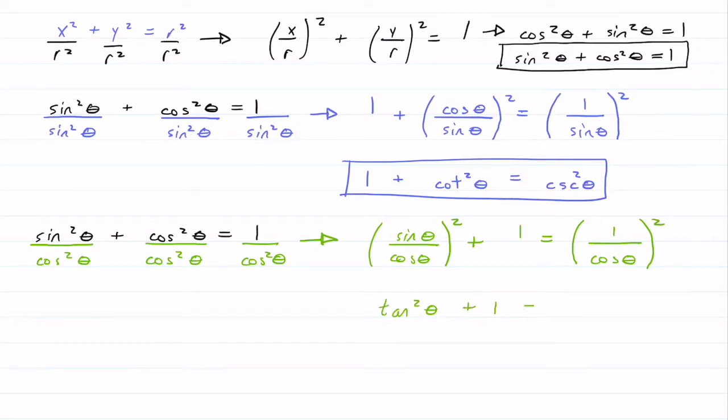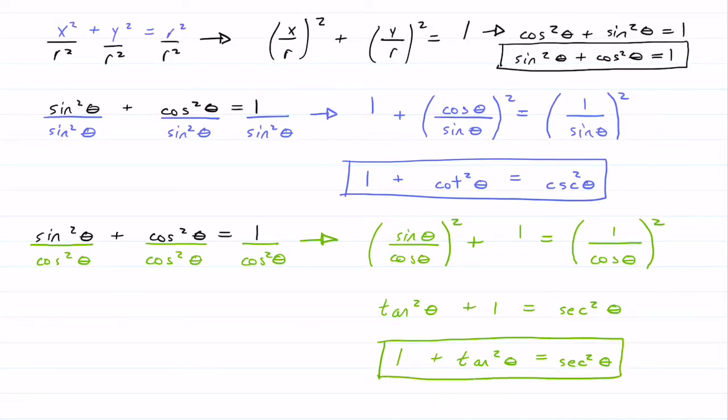Sine over cos is tan, so sine over cos squared is tan squared, plus 1 equals 1 over cos squared, which is secant squared. So there is the third Pythagorean identity. Usually we write it in the other order though, as 1 plus tan squared equals secant squared.